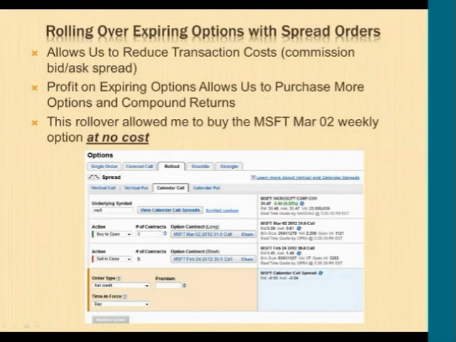So this is just an example of an actual rollover trade that I made for Microsoft options, and the profit that I got from the February 24th closeout actually paid the cost of the March 2nd option. So I had no risk with this March 2nd purchase because the profits from the rollover of the February 24th actually paid for the March 2nd option. So I had no cost basis for these options.